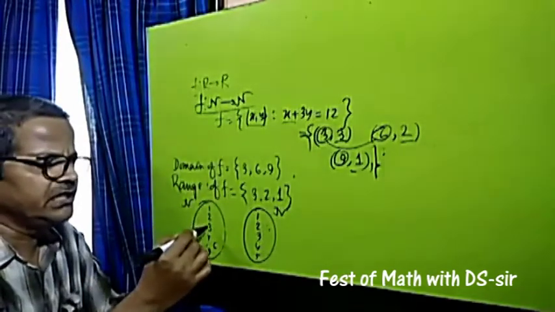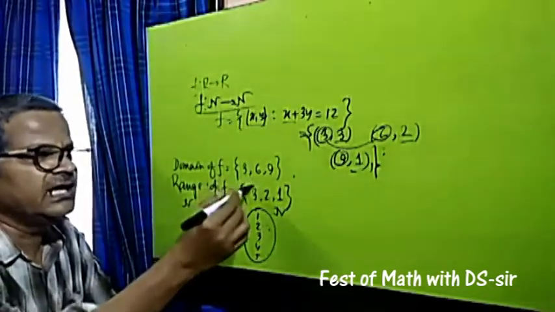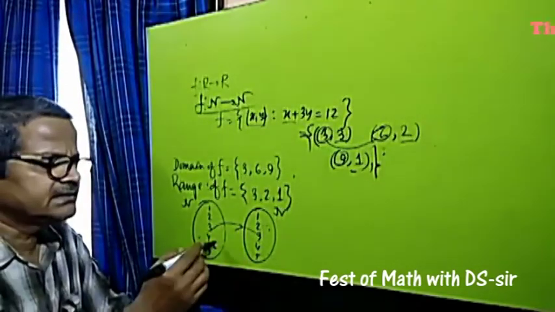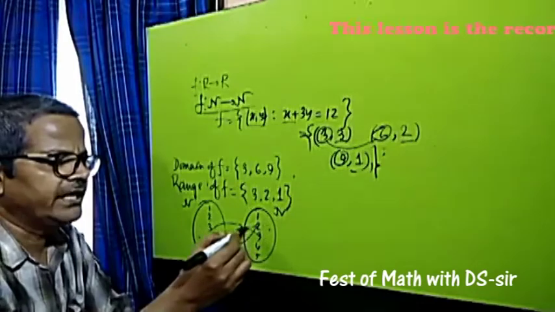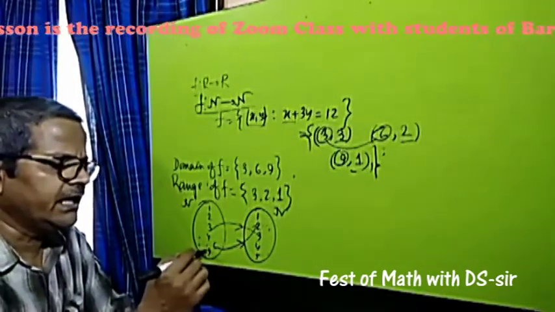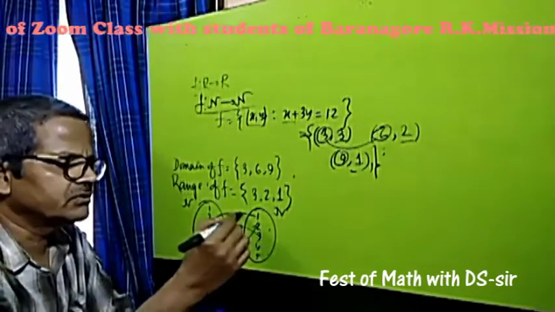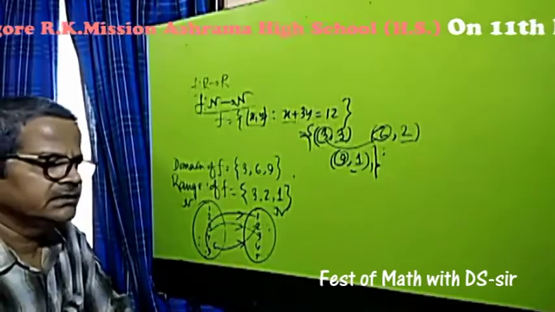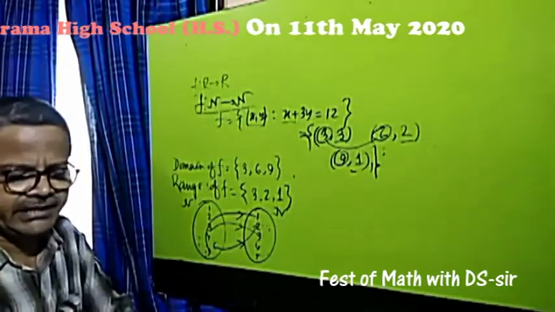So 3 has image 3, so a 3 to 3 arrow will be there. 6 has image 2, so the arrow from 6 will hit 2. And 9 has image 1, so an arrow from 9 will hit 1. This is its arrow diagram.